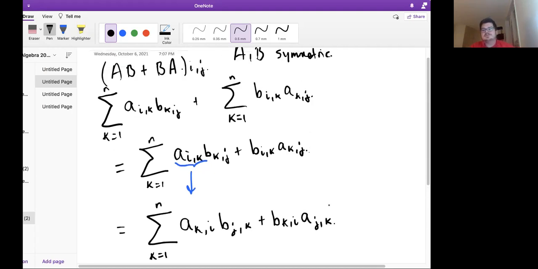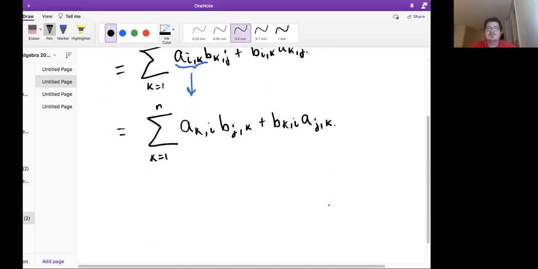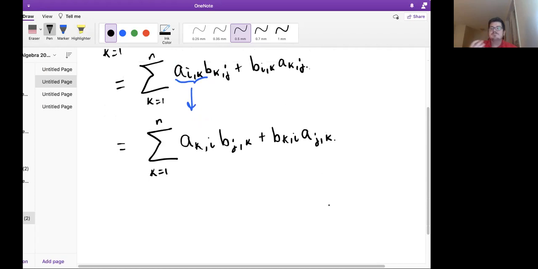Okay. So now we have this expression here, but it's not in a form where you can do matrix multiplication, right? So what do you think you can do to put it into a matrix multiplication form?